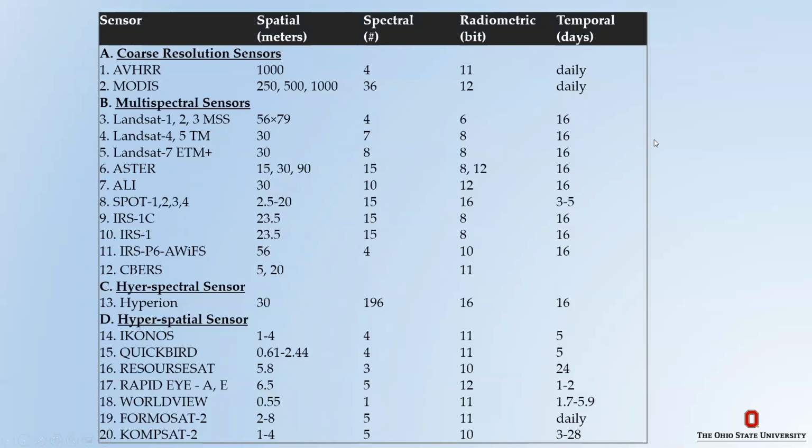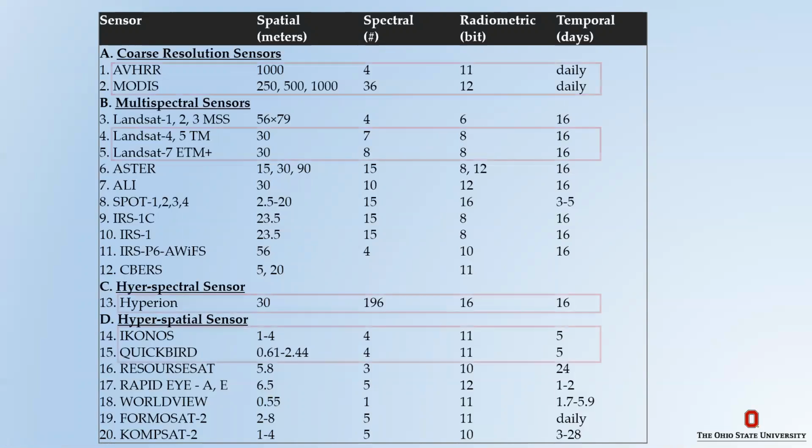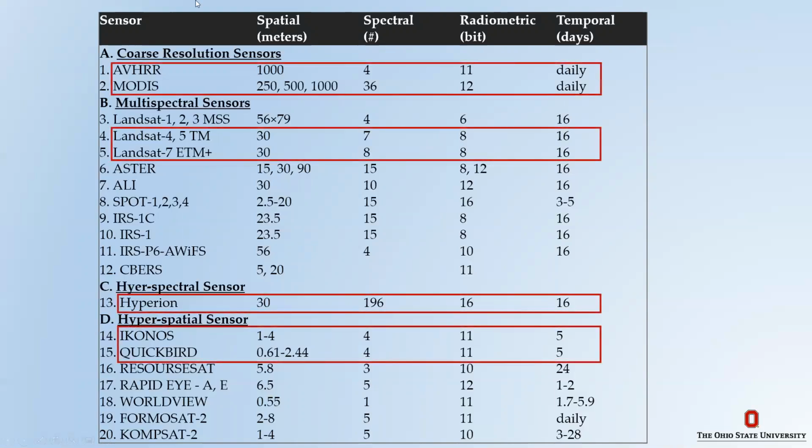All these sensors, I'm not asking you to memorize their spatial, spectral, radiometric, and temporal resolutions. At least the most famous sensors among them should be memorized. It's the basis for a student or a scholar in the remote sensing area.